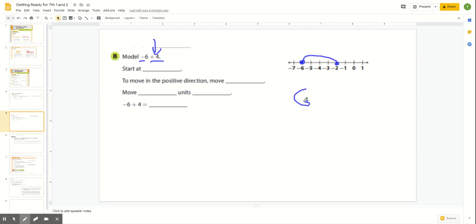We subtract. 6 minus 4, ignore the signs, is 2. How do I know if it's positive or negative? I go back to the greater absolute. 6 is greater than 4, which means the sign in front of 6 needs to be in your answer. Two different ways to look at the same type of problem.